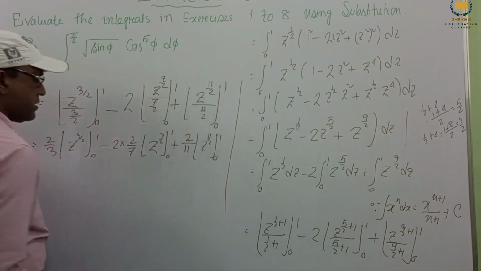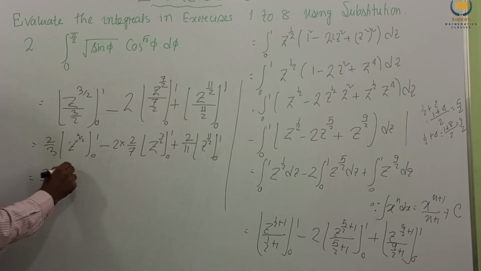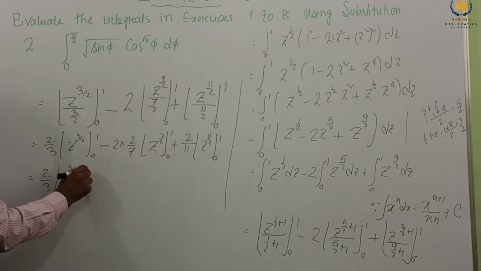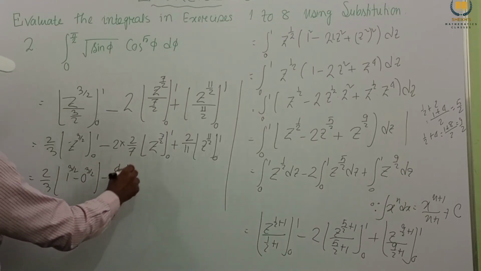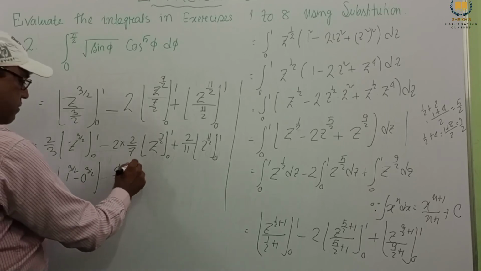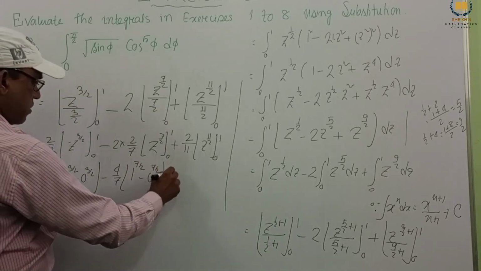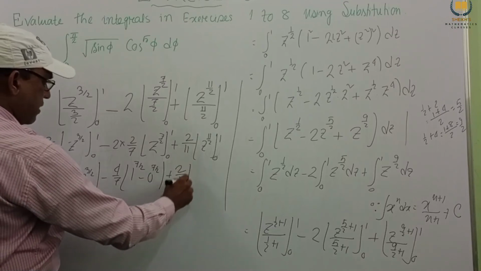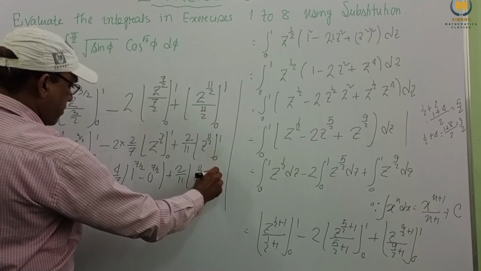We get this. Now putting the upper limit: 2 by 3, 1 to the power 3 by 2 minus 0 to the power 3 by 2; minus 4 by 7, 1 to the power 7 by 2 minus 0 to the power 7 by 2; plus 2 by 11, 1 to the power 11 by 2 minus 0 to the power 11 by 2.